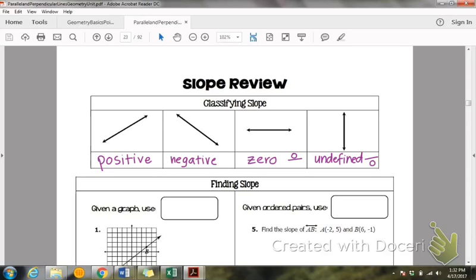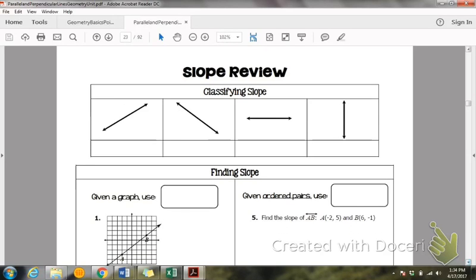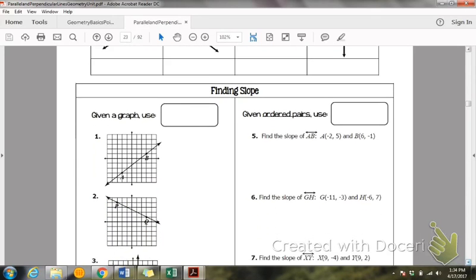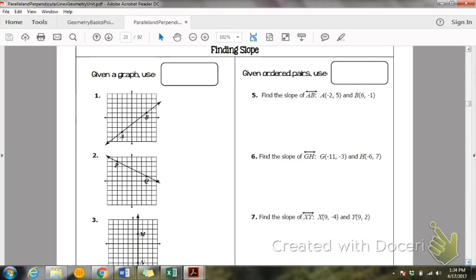Okay? All right. So given a graph, we can use rise over run to find the slope. That's going to be your word there, rise over run. So in that little box it says, given a graph, use, and you're going to write rise over run.